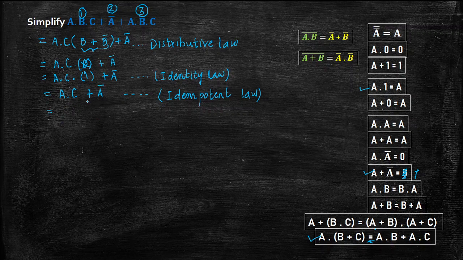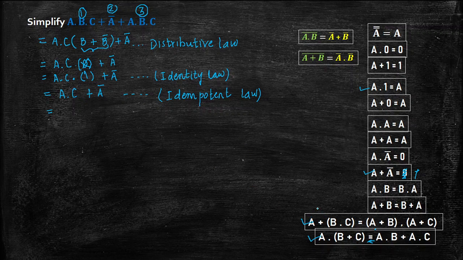Now, for further simplification, if it is possible, let us see. A dot C plus A complement. Now this is in the format A plus B dot C is equal to A plus B dot A plus C. This is the distributive law. Here it is in this format, but in the reverse order.